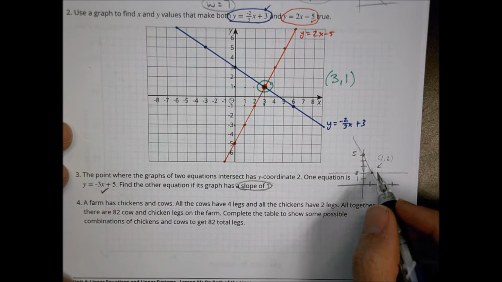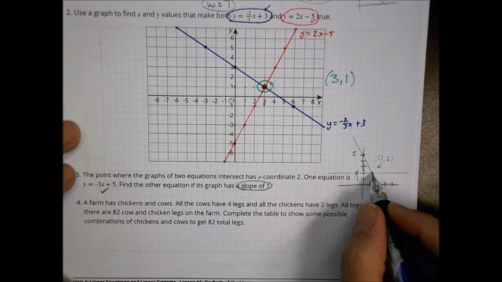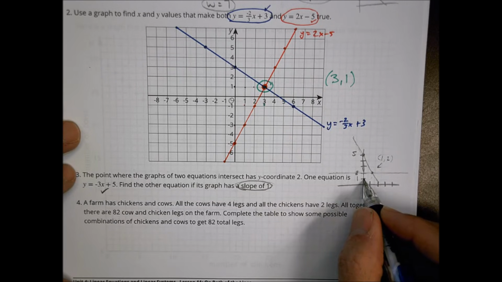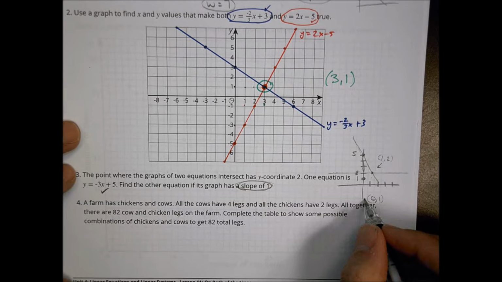Okay, so to work backwards from there, what we can do is we can say a couple things. If the slope is 1, let's go the other way. We can go down 1 over 1, and we end up right here at the point 0, 1. Okay, for this guy right there.